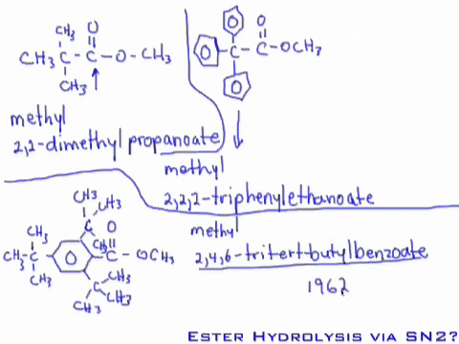What was discovered in 1962 was that this was so sterically hindered that when this molecule reacted with hydroxide, all of the oxygen 18 ended up in the methanol this time, not the ester. The oxygen 18 ended up in the methanol, which meant it went SN2, which meant they were successful in shutting down nucleophilic acyl substitution because the tert-butyl groups blocked it.